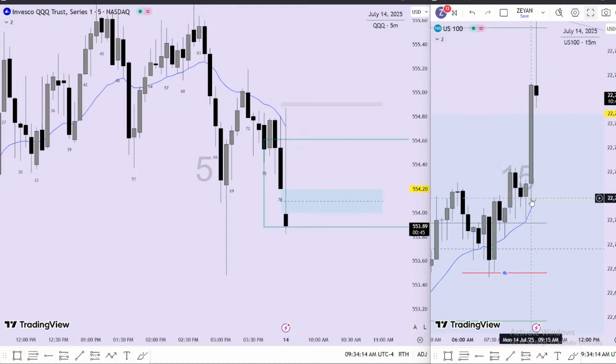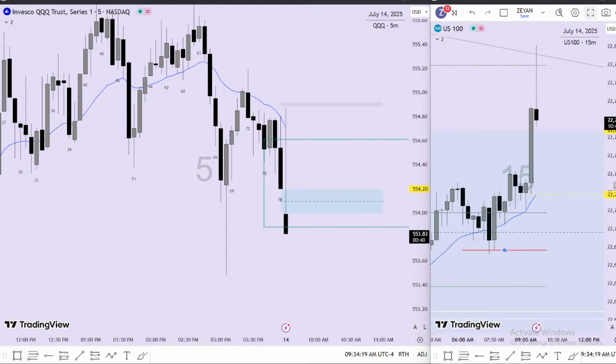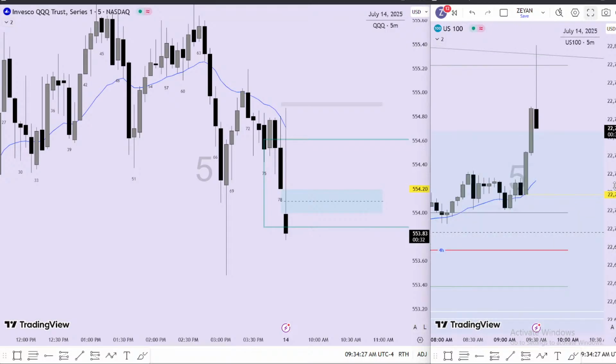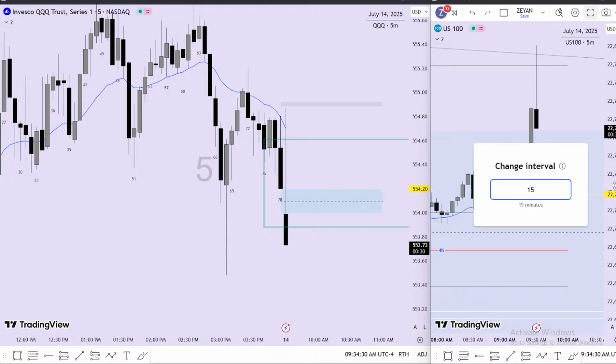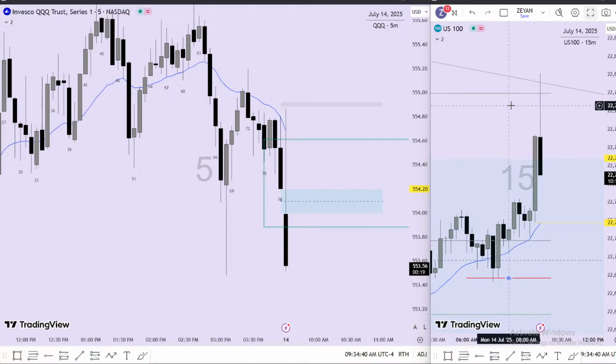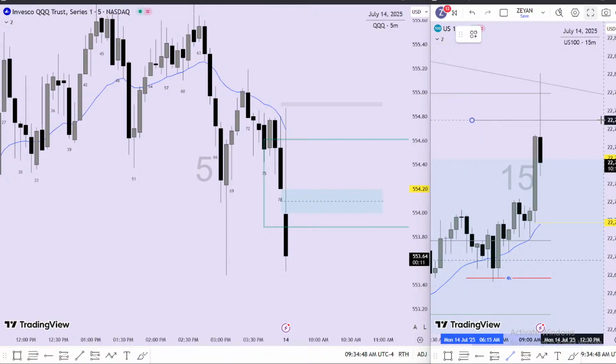Now we have an inefficiency right at the low of 915, which is not showing up on 15 minutes, but we can still see it on 5 minutes. The 775 level, 775.2.